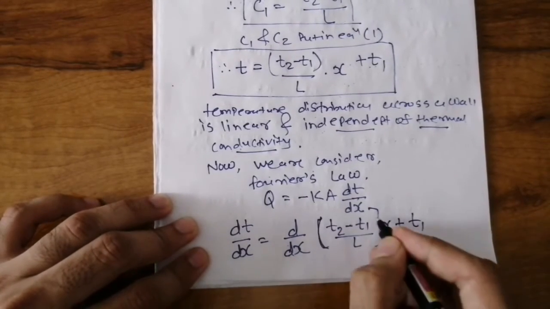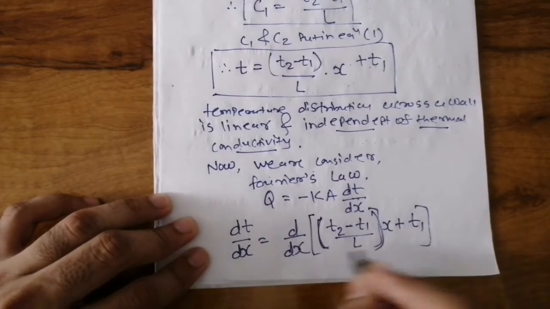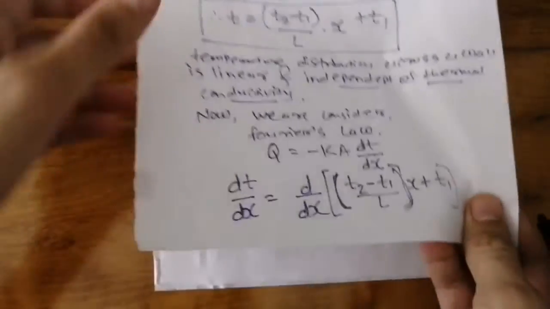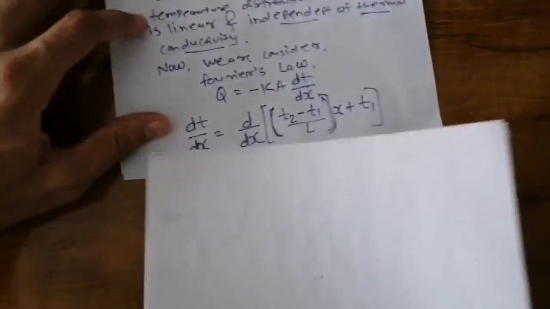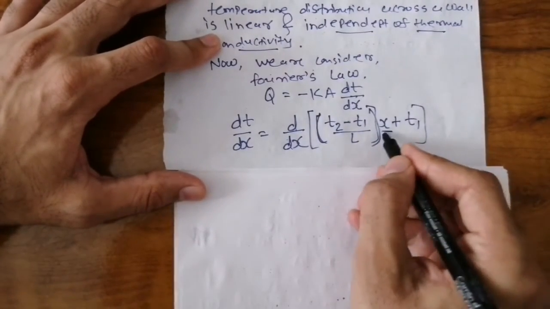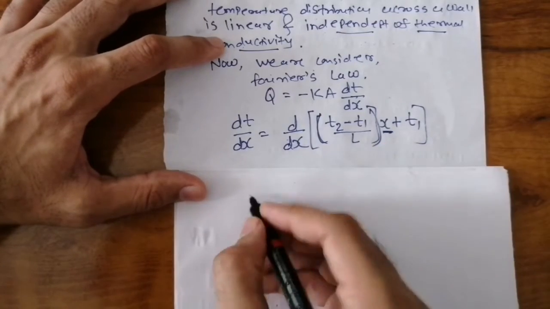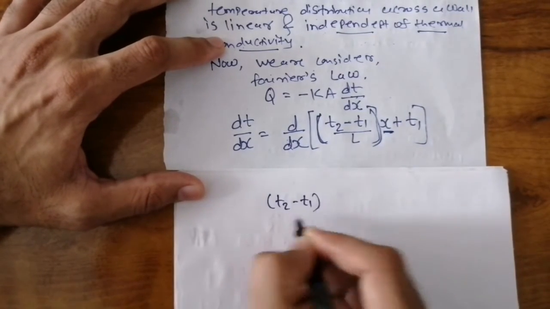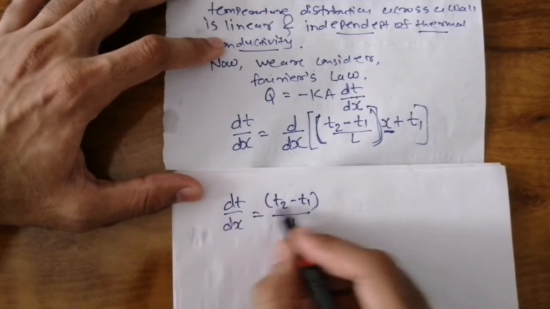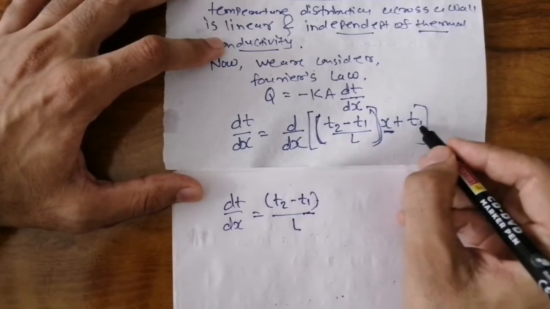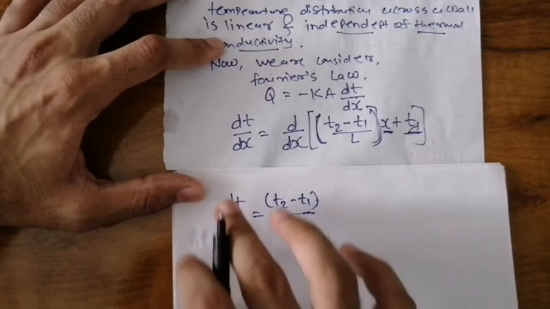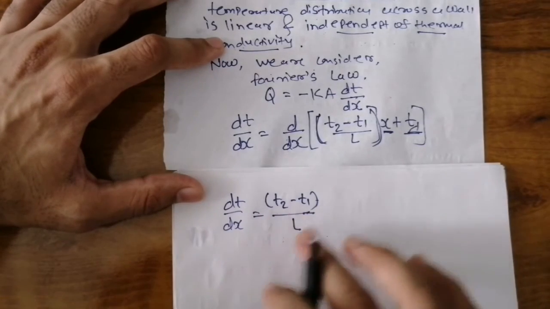Now differentiating with respect to x, x gives 1, so we get T2 minus T1 divided by only L. Then plus T1, a constant term, its differentiation will be 0. So dT by dx is equal to T2 minus T1 divided by L.